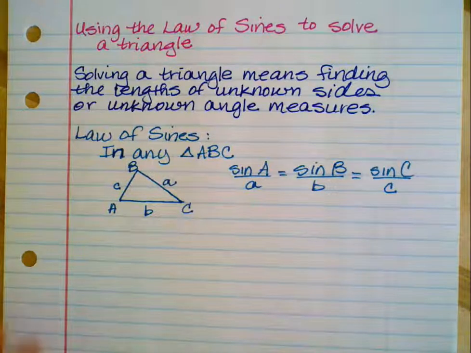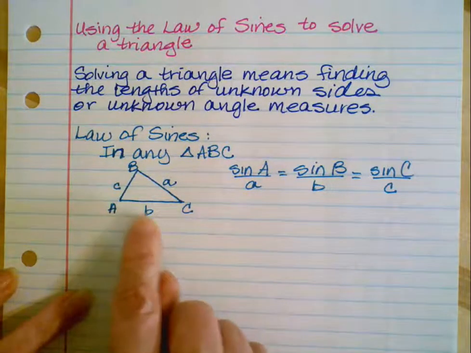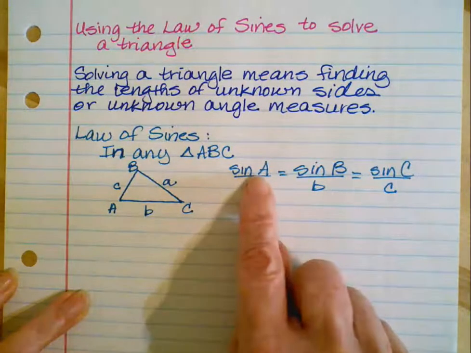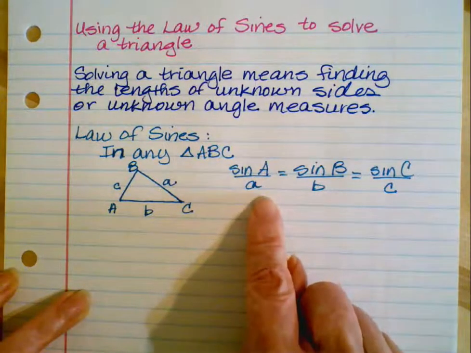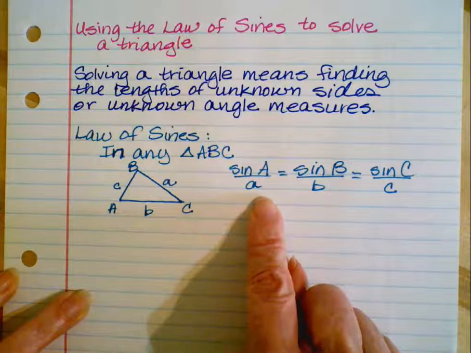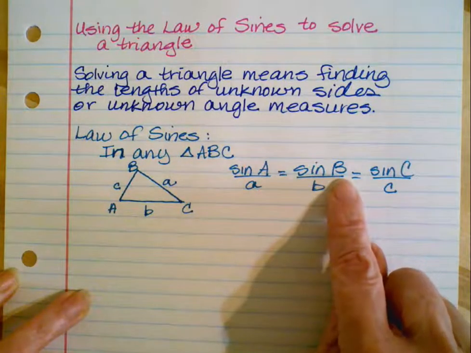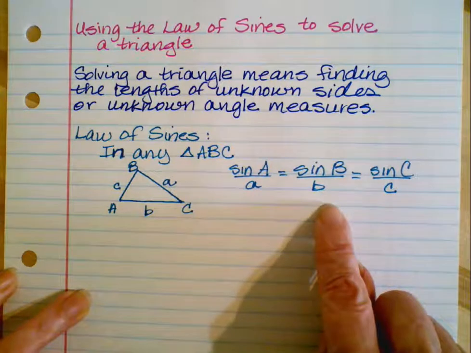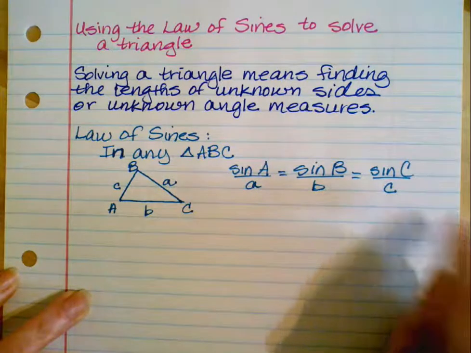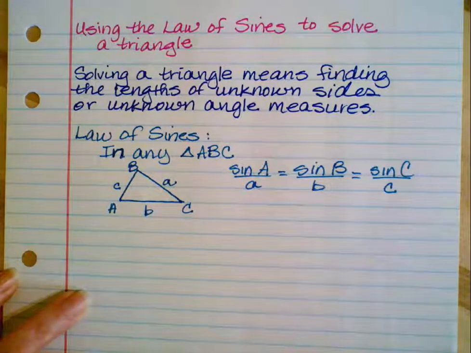So in the law of sines, it says that for any triangle in this format, the sine of angle A divided by the length of the side opposite the angle A is equal to the sine of angle B divided by the length of its opposite side, which is also equal to the ratio of the sine of angle C to its opposite side.